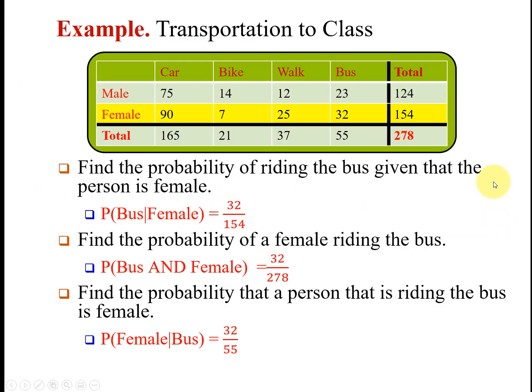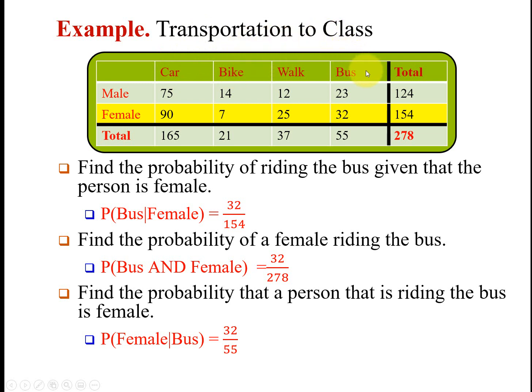Another example is transportation to class. There was a survey asking 278 people, 124 males and 154 females, whether they use a car to get to class, a bike, walking, or the bus.